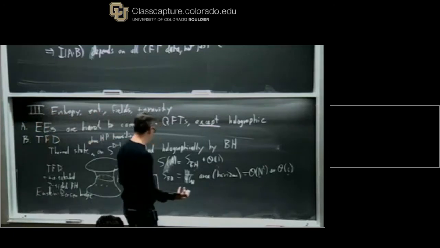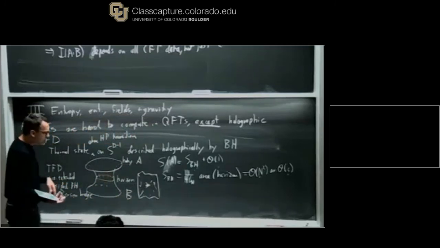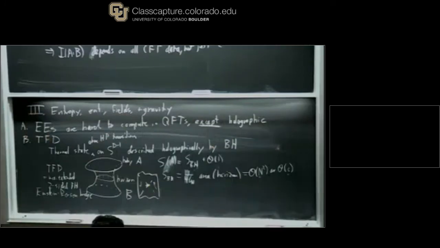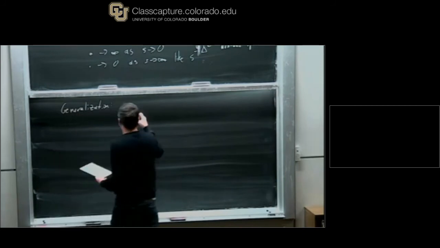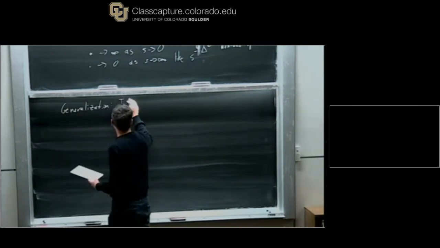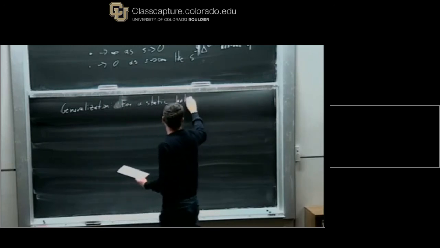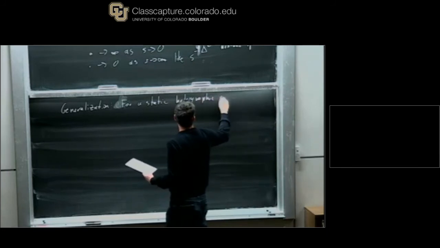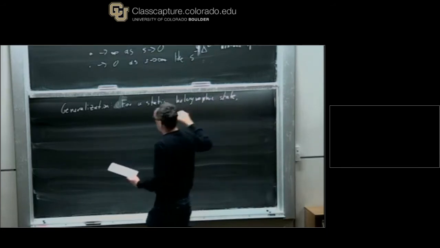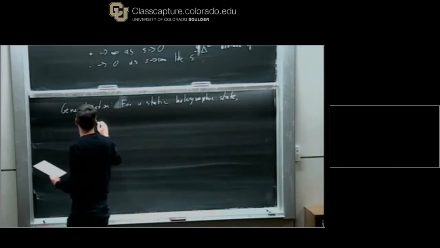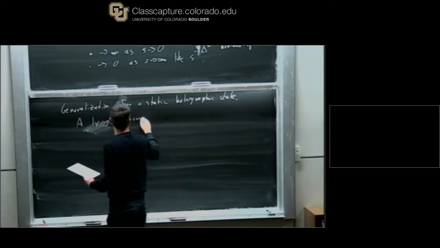Okay, so this point of view is advocated especially by Mark Van Raamsdonk and has led to a whole line of research, which is closely connected to Ryu-Takayanagi. But let's ask how we can generalize this formula to a more general case. And A is lying on a constant time slice.